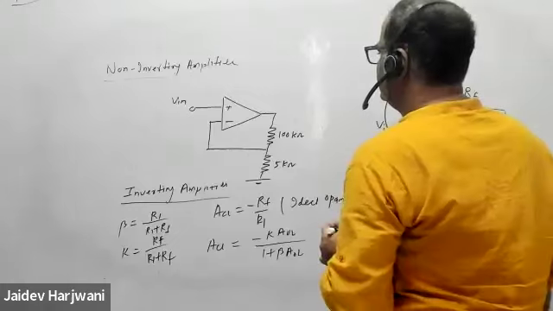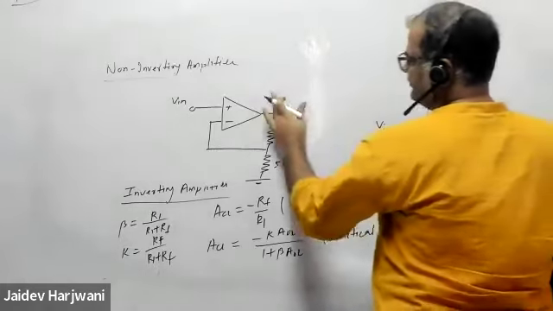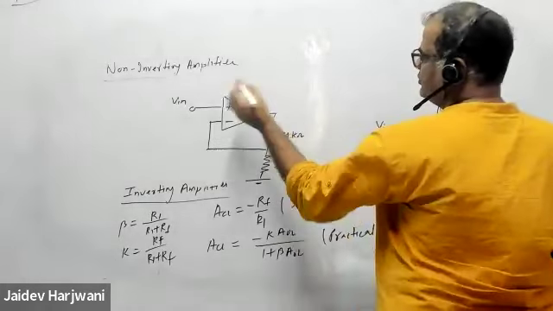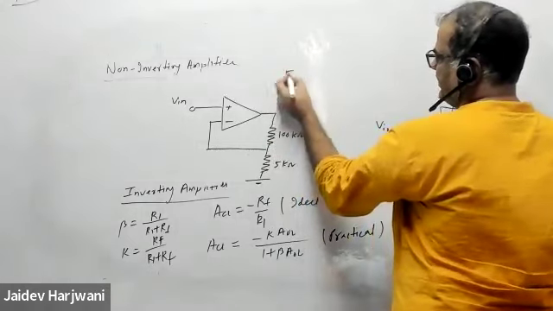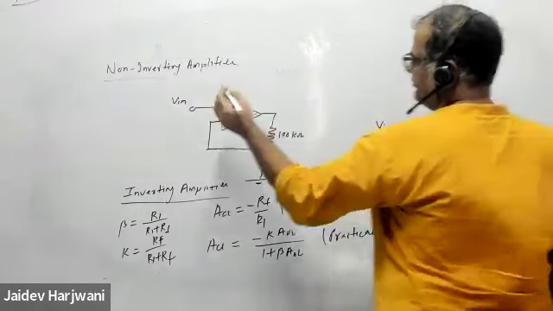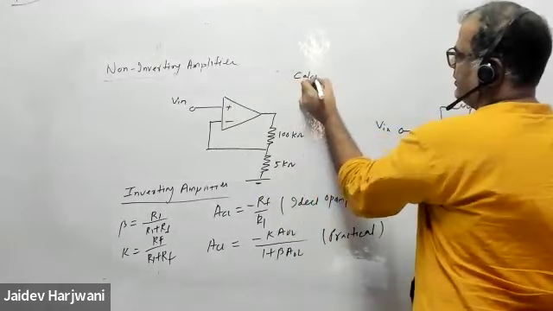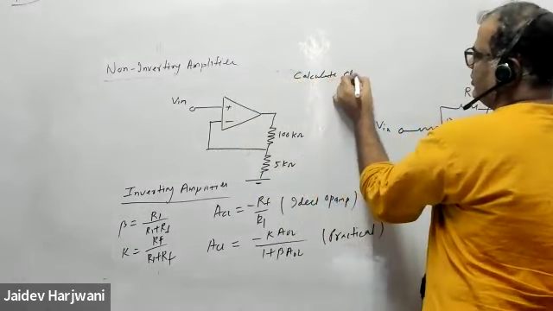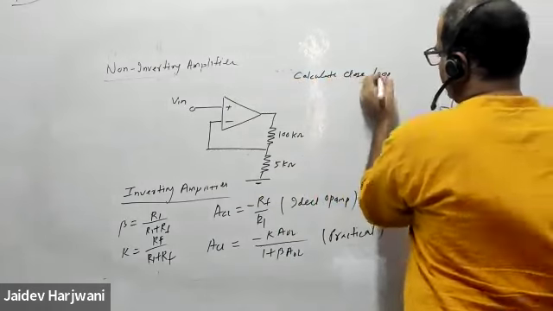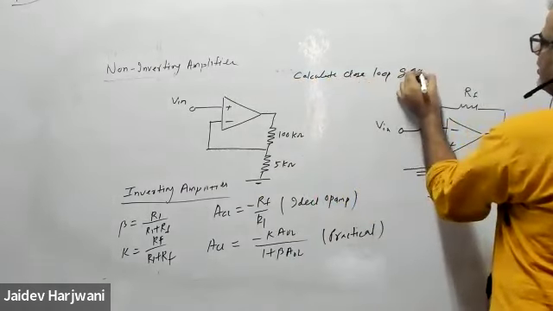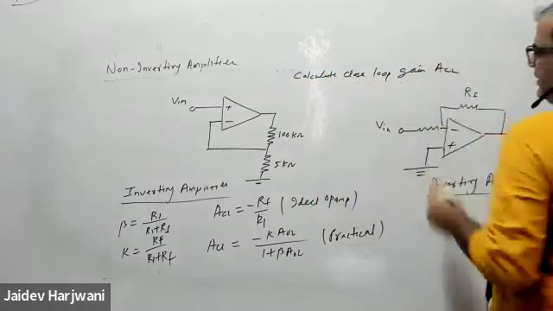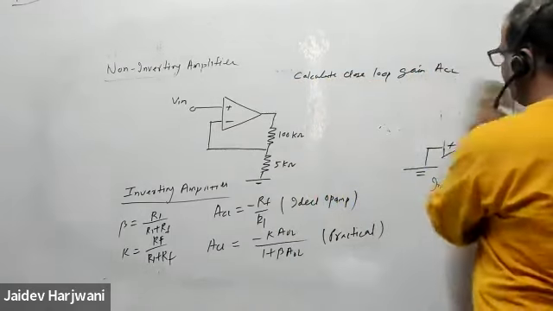Okay. Now I want to find the closed loop gain. Calculate closed loop gain, ACL.